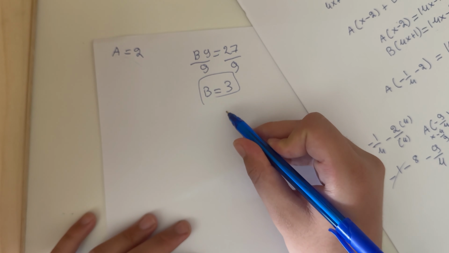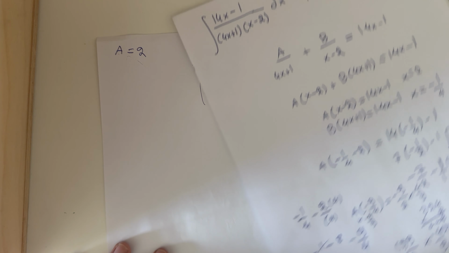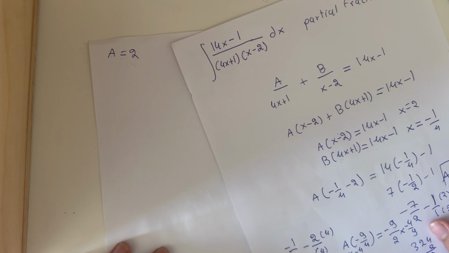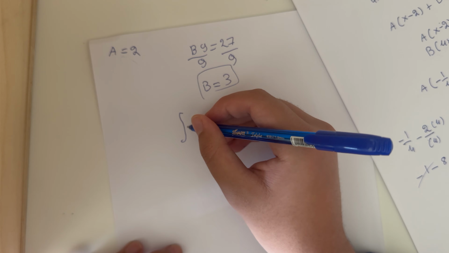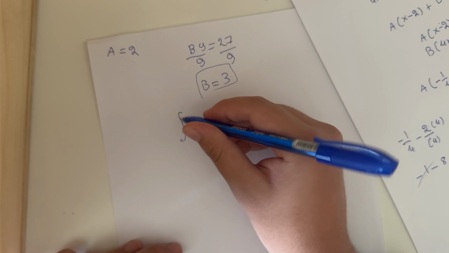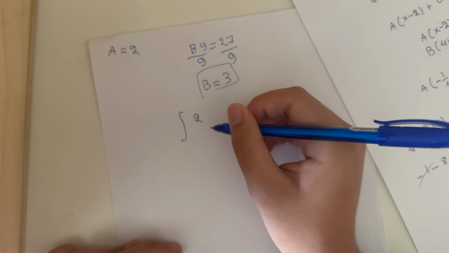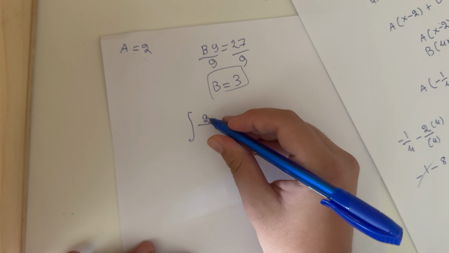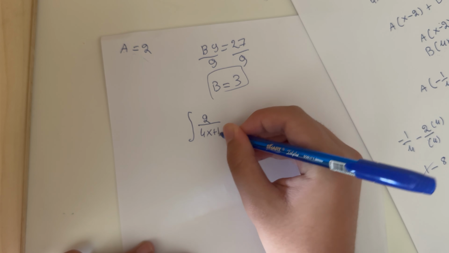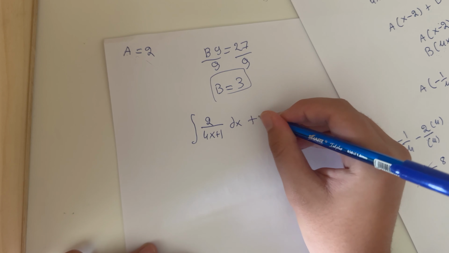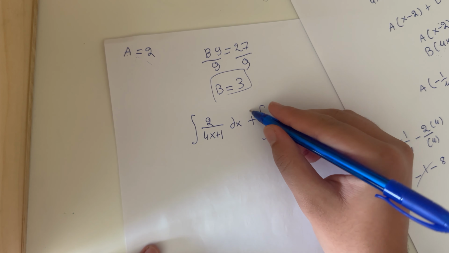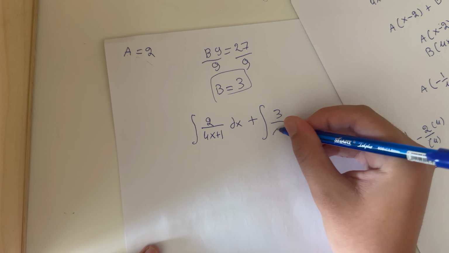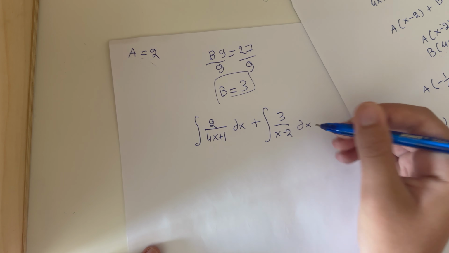So I have my A and B values, so I'm going to plug them back into the fractions. I'm going to go ahead and take the integral. So we have the indefinite integral of A, which is 2, over 4x plus 1 with respect to x, plus the indefinite integral of 3 over x minus 2 with respect to x.